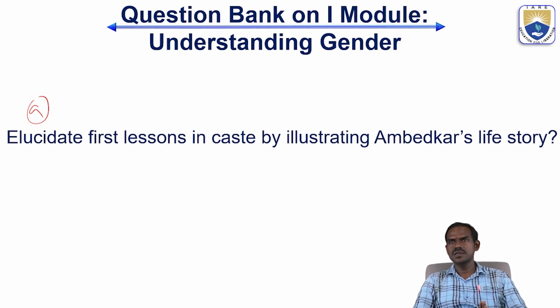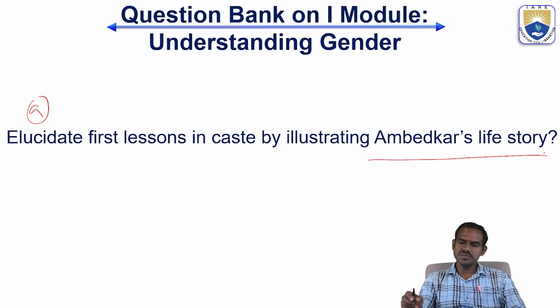There should be no discrimination. By caste he should not have any partiality, and by religion he should not have any partiality. So no caste discrimination, no religion discrimination, then the society will grow very nicely, and gender sensitization can be achieved. So what is Ambedkar's life story?